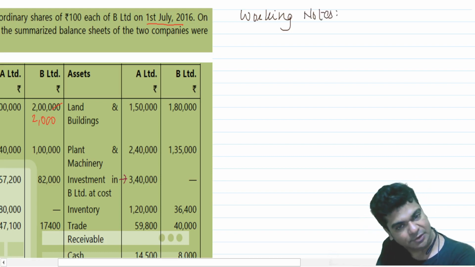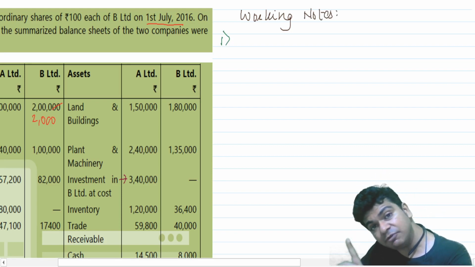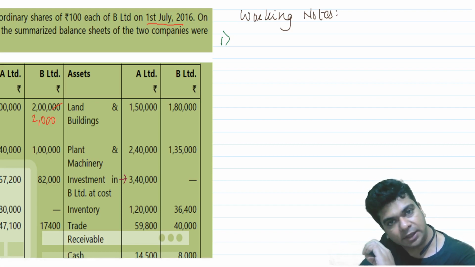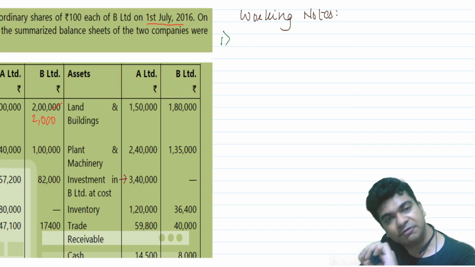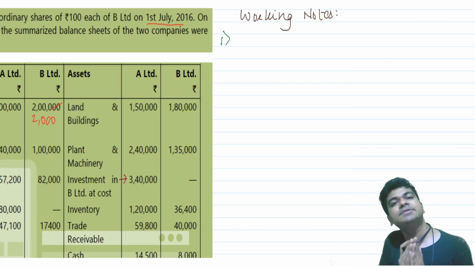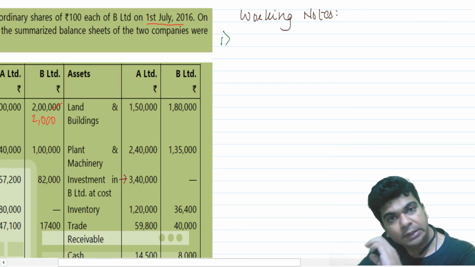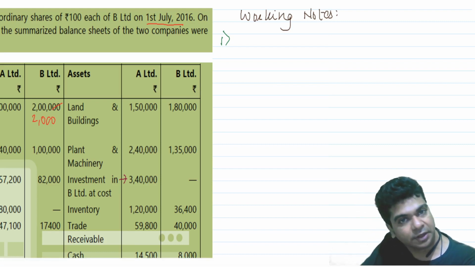Recall the principles of consolidation. The first one, line by line addition, we will apply last when we ultimately prepare the consolidated balance sheet. The second working note, which is the main working note, is the pre and post acquisition analysis. That is the second principle of consolidation. We have to carry out pre and post acquisition analysis of the subsidiary.